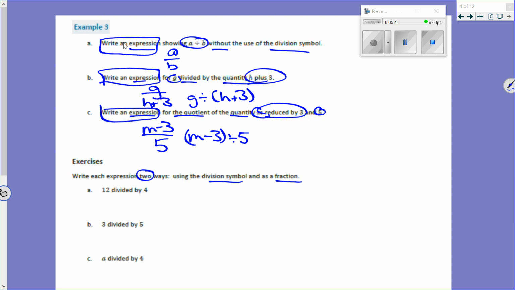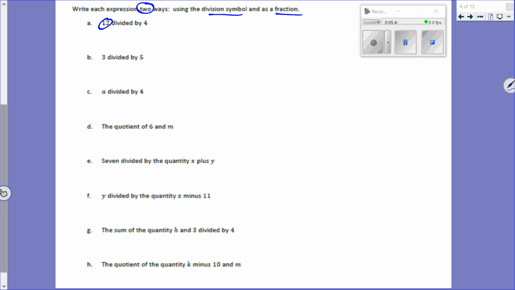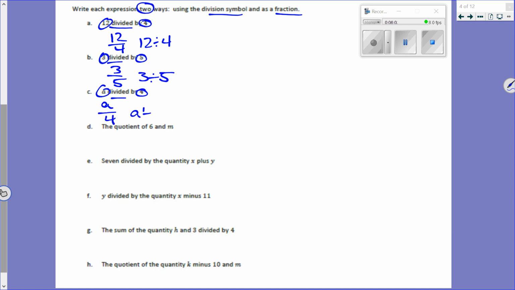Okay, so the next part, you guys should have already done, so I'm just going to go through quickly. 12 divided by 4. 3 divided by 5. A divided by 4. Quotient of 6 and m. 7 divided by the quantity x plus y.